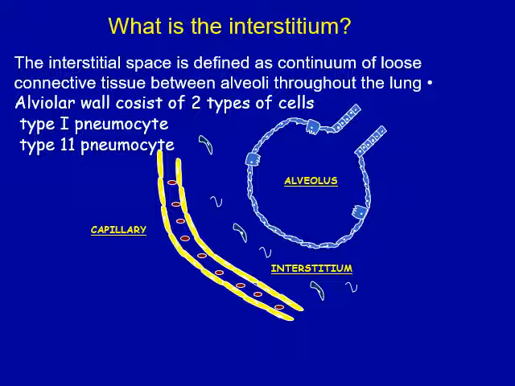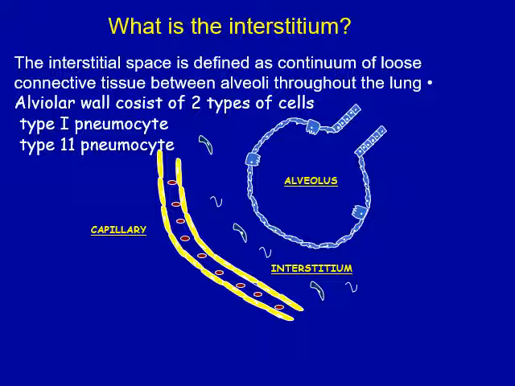Here is the diagram which shows the interstitial space, or interstitium, which lies between the alveolus and the capillary. The alveoli are lined with one layer of epithelial cells, and this contains two types of pneumocyte.